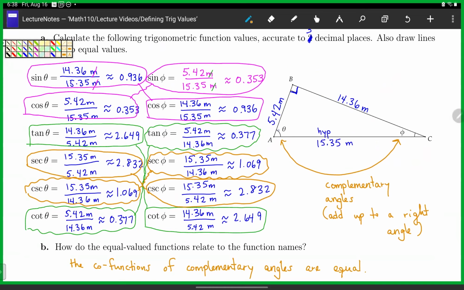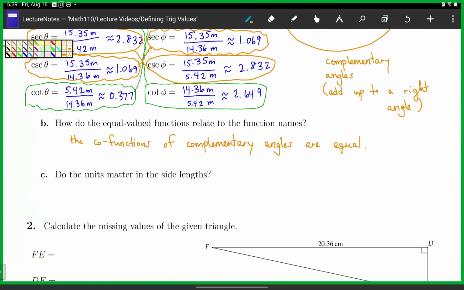If I was to scale this triangle up by 1,000 times so that the units were in kilometers instead of meters, the general shape of this triangle would be exactly the same, and so the ratios of side lengths would not change. This is how we are able to define the sine of the angle theta, and it doesn't matter how big the triangle is. So no, the units don't actually matter in the side lengths.